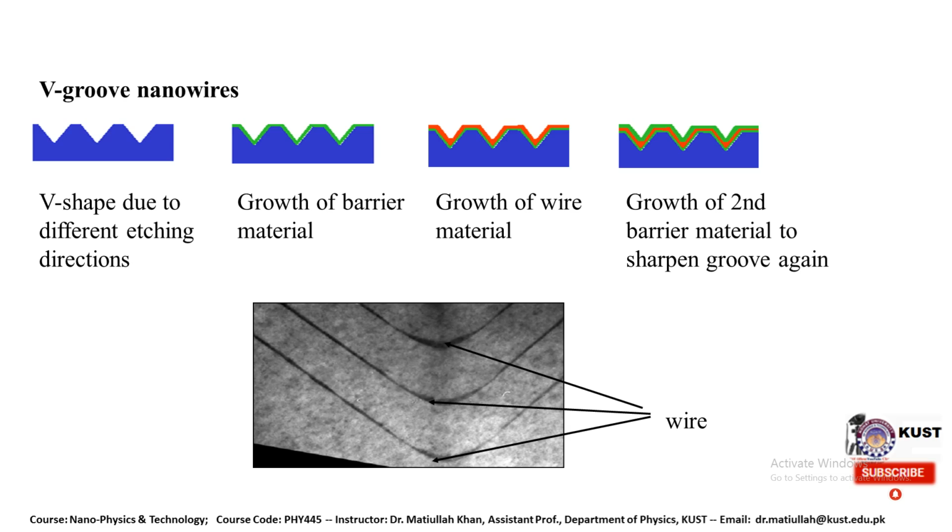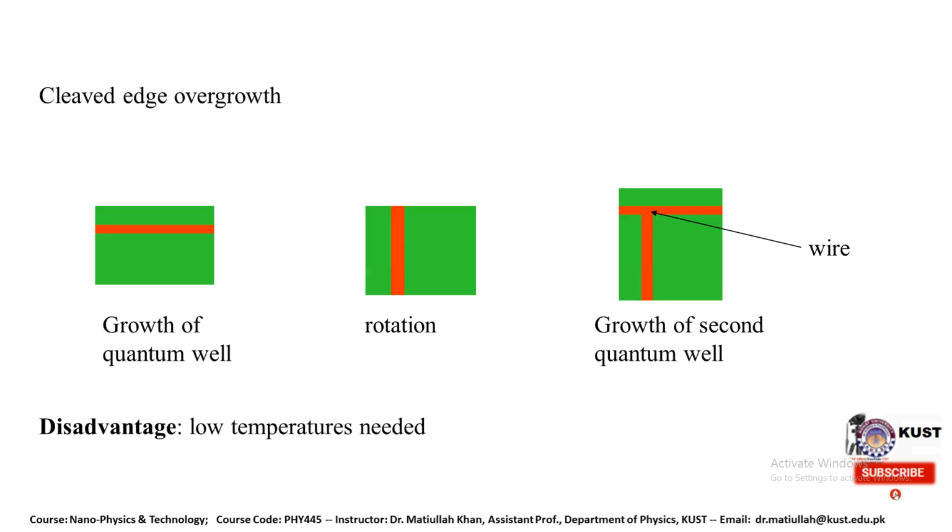So this is an image of the V-groove nanowires, in which stepwise the nanowires are created, and the nanowires are given the shape of V. Therefore, that is why they are called V-groove nanowires.